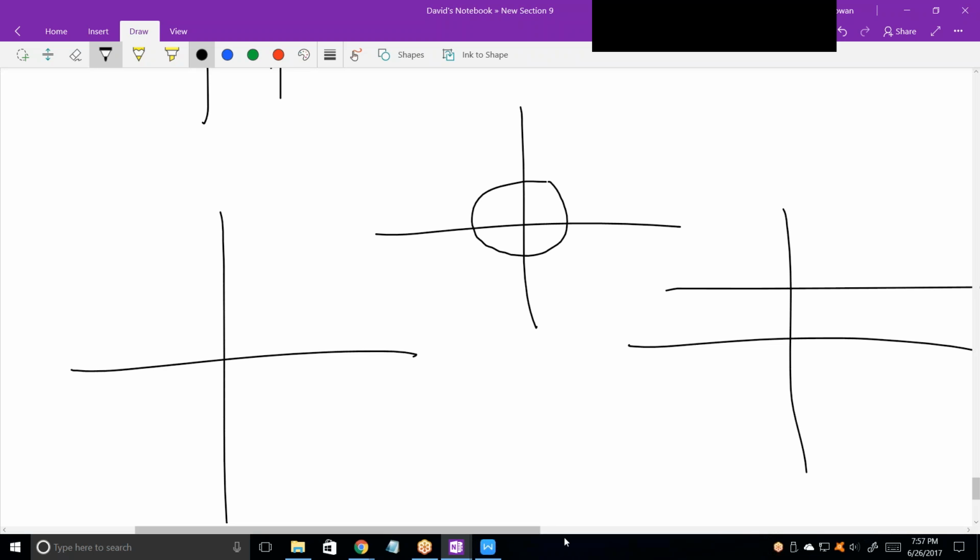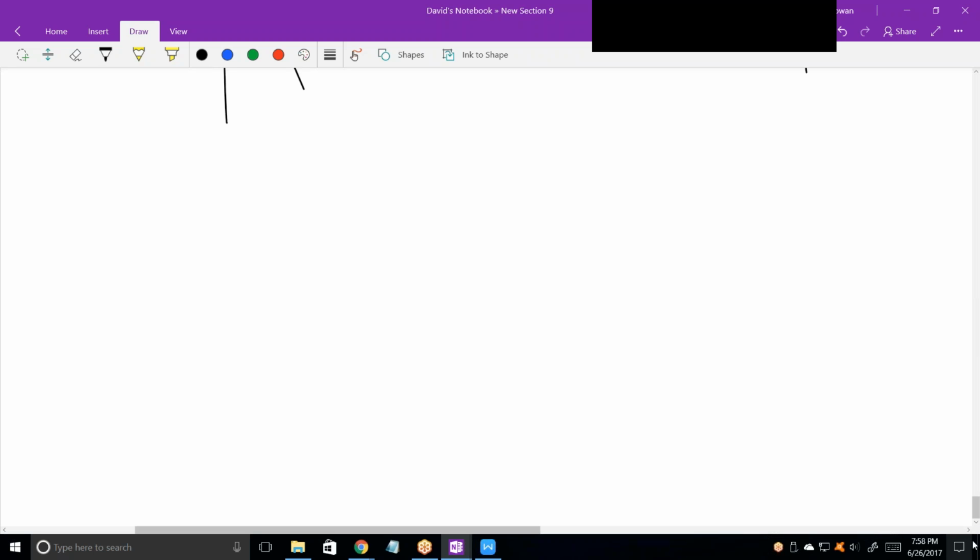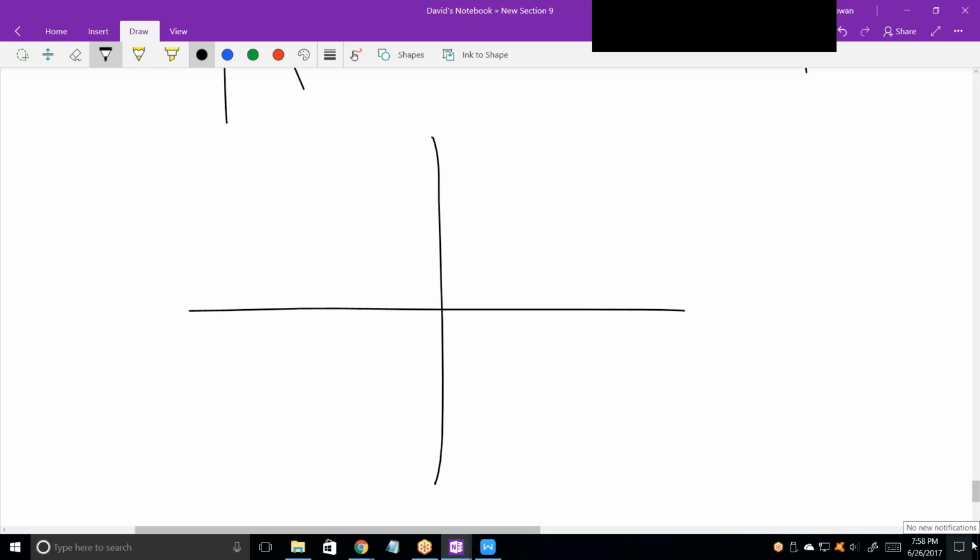What about this line? What about that line that had a slope of negative 100? Yeah. Good. Yay.